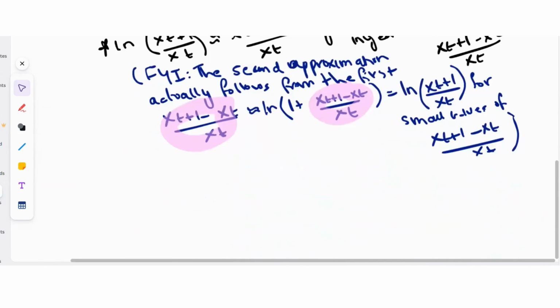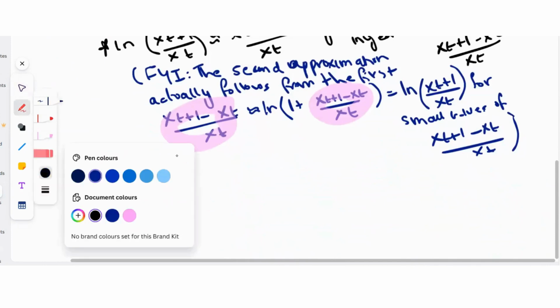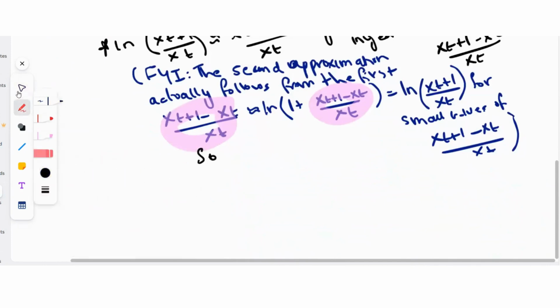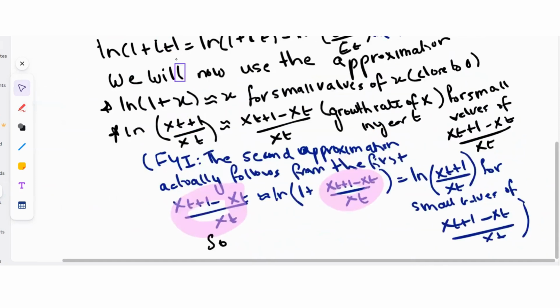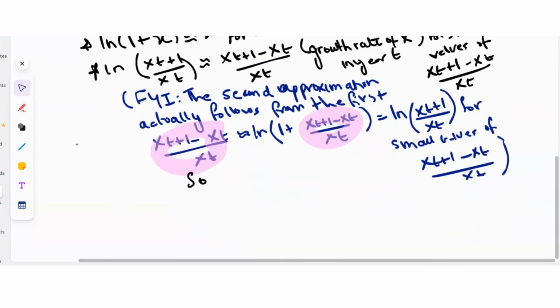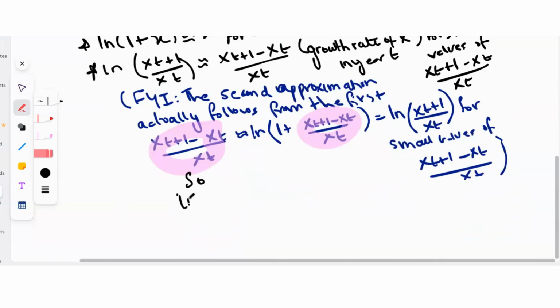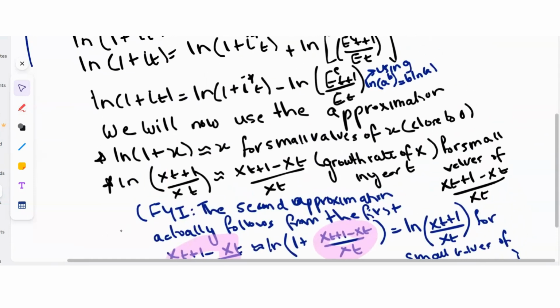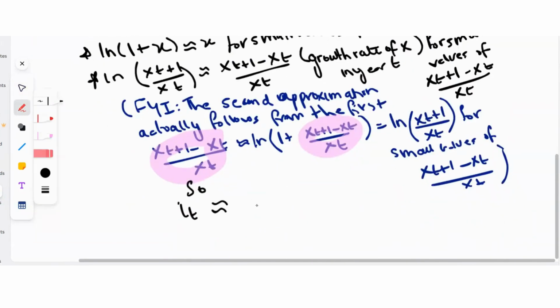Right, so using these two approximations, we're using the fact that ln(1 + x) is approximately x for small values of x, so ln(1 + i_t) is approximately i_t for small values of i_t, and ln(1 + i*_t) is approximately i*_t for small values of i*_t.